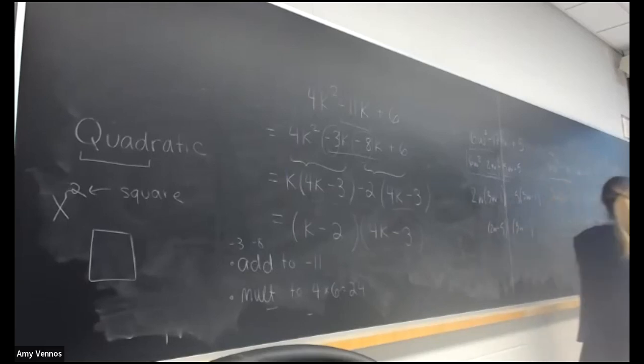And then on the other side, these two have to come out as negative 1. So then I asked, what do I need to multiply by negative 1 to get 2W? That was positive 2, right? And then for the last one, what do I need to multiply by negative 1 to get positive 5? That's negative 5.